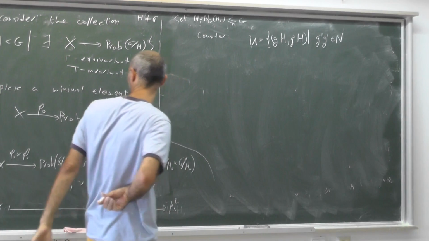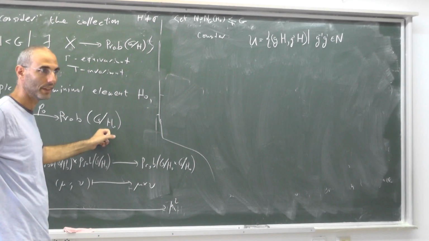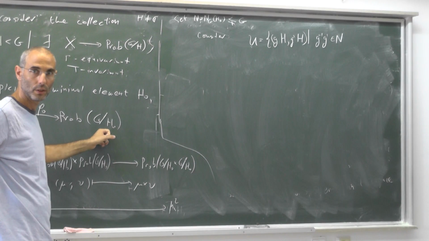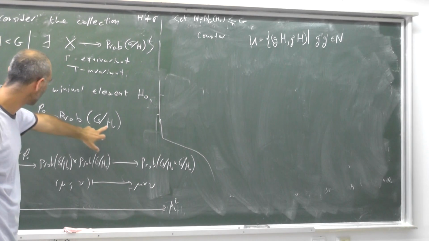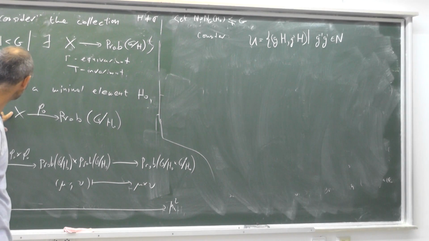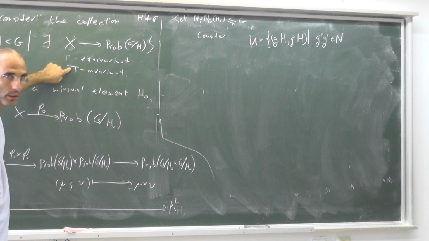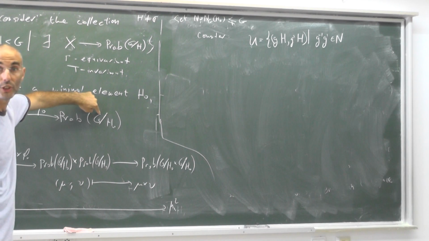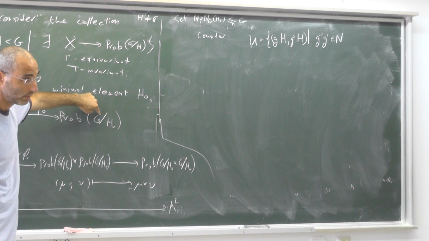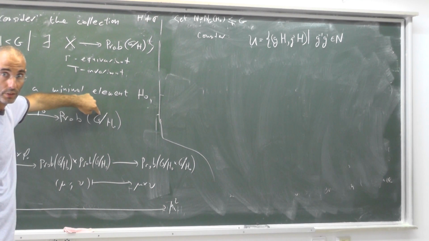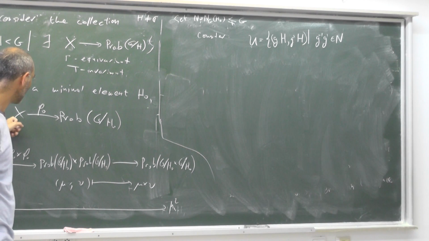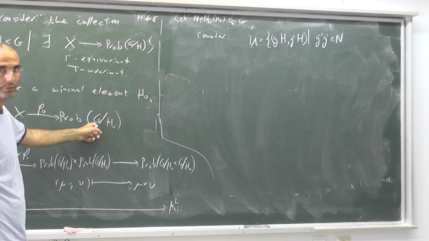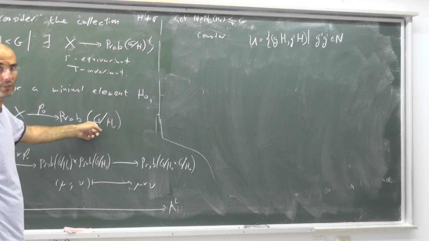normalizer, I still have to convince you why H0 cannot be a point, the identity point. So let me say this, if H0 was a point, then I would have mapped X, actually X mod T, to probability measures on G itself, in a gamma covariant way. But I claim that G itself has a G invariant metric on it.